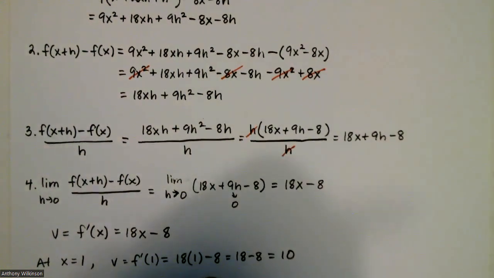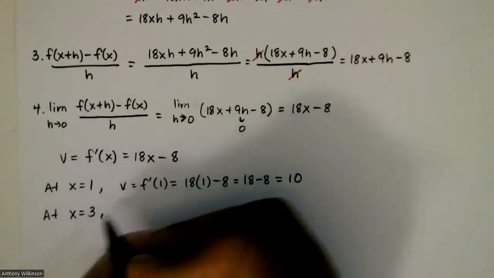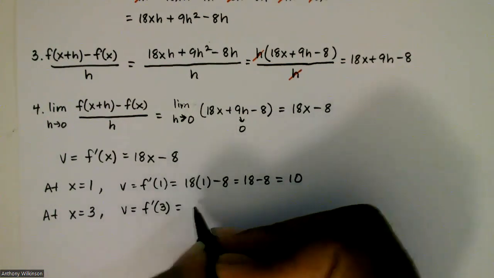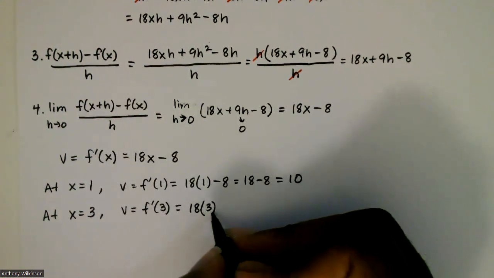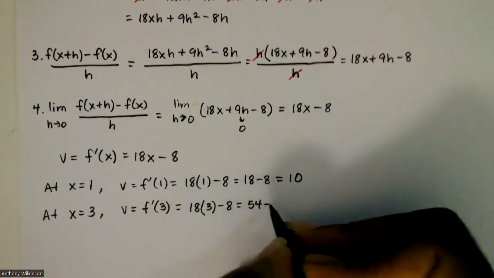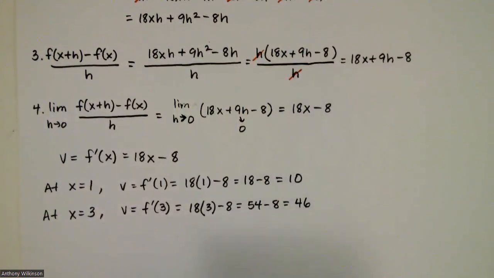And then at x equals 3, again, the velocity will be f prime of 3. Just substitute your x with 3, so it'll be 18 times 3 minus 8. 18 times 3 will be 54. 54 minus 8 would be 46.